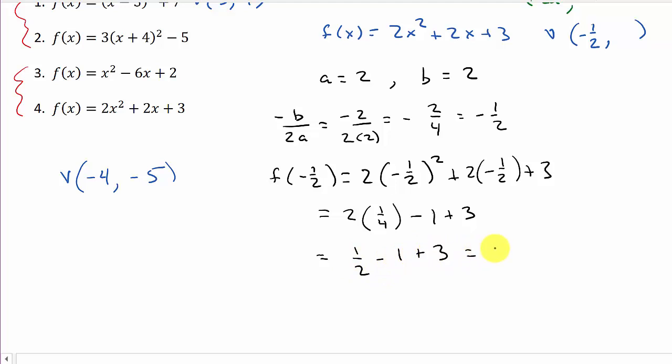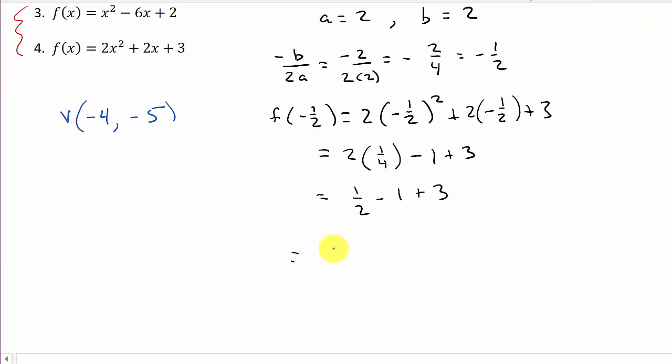All right, so well, let's just go ahead and write this out in case you're unfamiliar or you forgot how to add, subtract fractions. So that's going to be 1/2 minus 2 over 2 plus 6 over 2, right? Got to get a common denominator of 2. And so that is going to be 1/2 minus 2/2 is negative 1/2, plus 6/2 is 5/2.